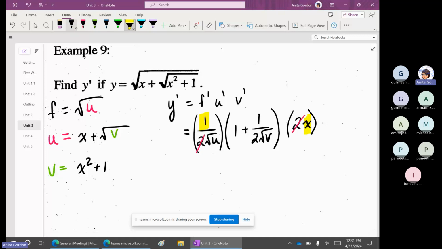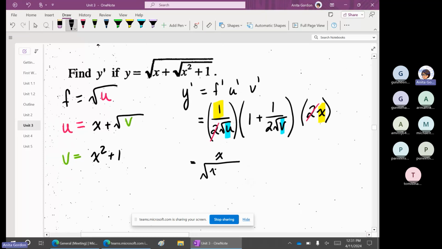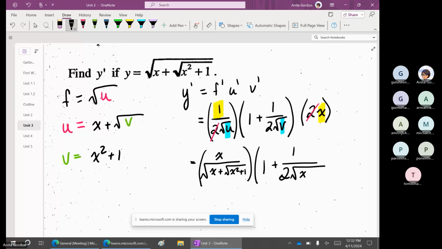Because they're just multiplying. And then I'm going to substitute u and v. So this is x root, what is u? X plus root v, x squared plus 1. Multiplied by 1 plus 1 over 2 root x squared plus 1.